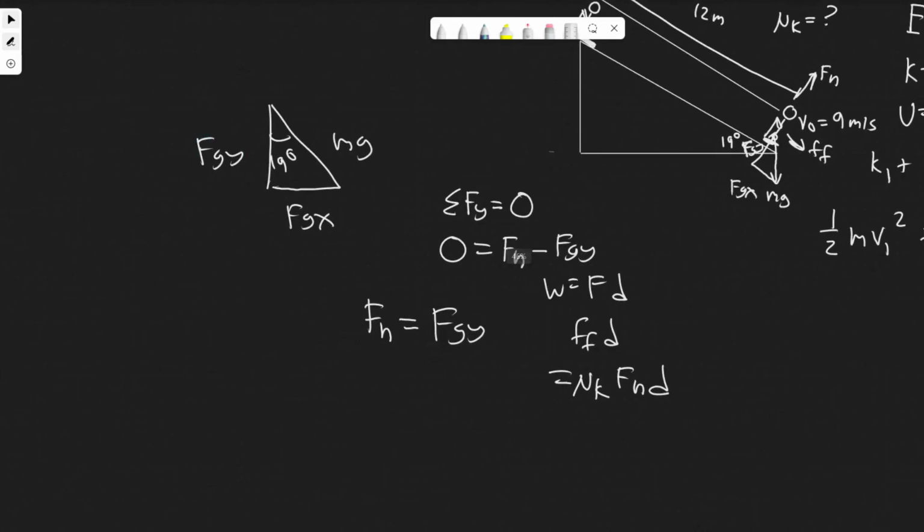If you want to solve for F_g of y, you would use your cosine function. The cosine of an angle, in this case 19 degrees, is the adjacent side over the hypotenuse, so F_g of y over mg.